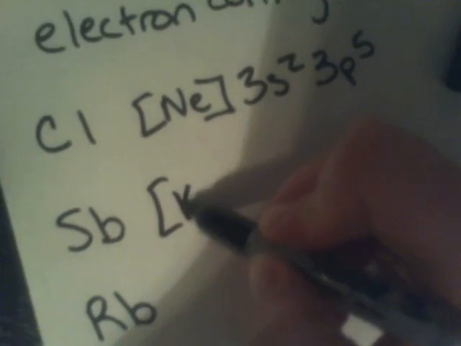I'm going to tell myself start with Kr, and then from there, in order to get to antimony, we're going to go to the next line, right? And this is line 1, 2, 3, 4, 5. So this is 5s1, 5s2. So 5s2.